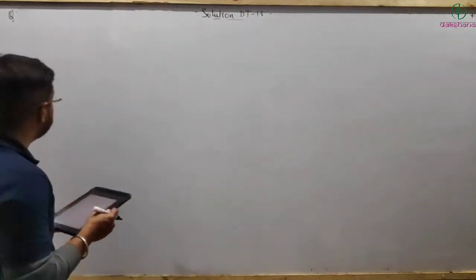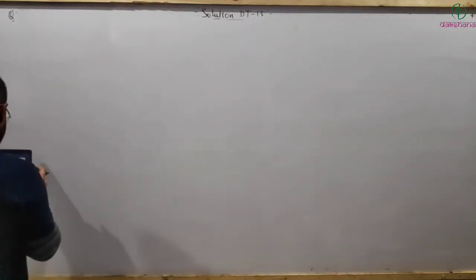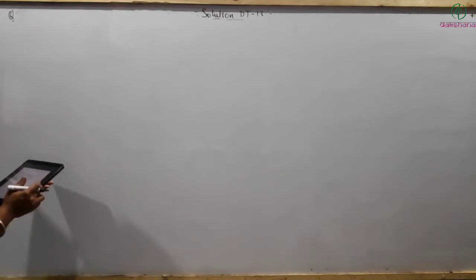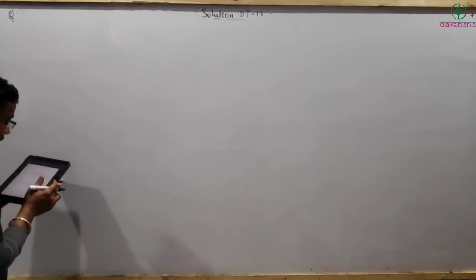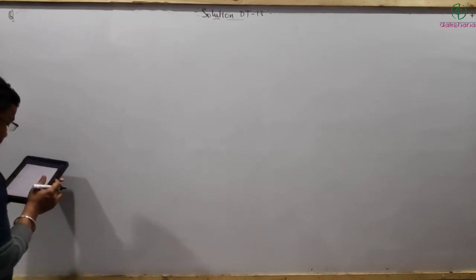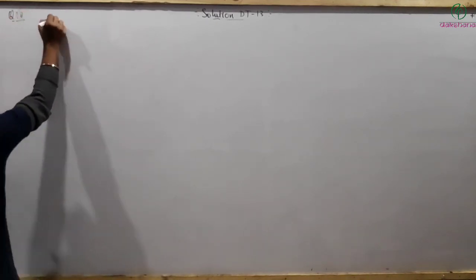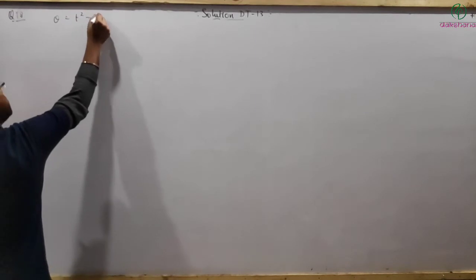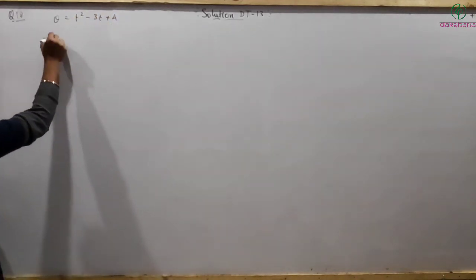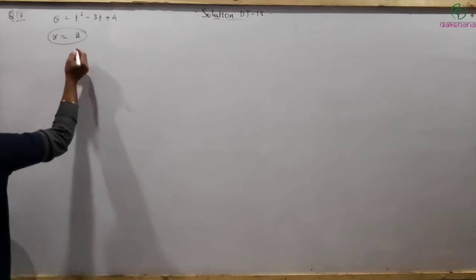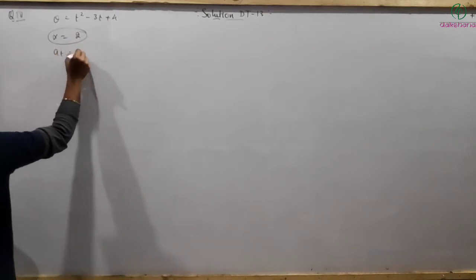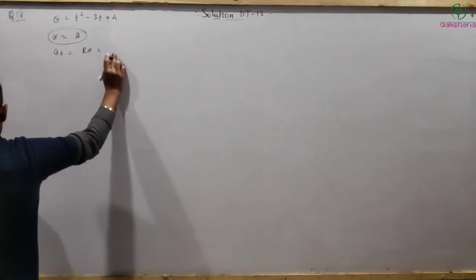The angular position of the particle revolving about an axis is given by theta is equal to t square minus 3t plus 4 radian. Find the acceleration of the point at the time t equal to 2 seconds, given the radius of the path is 1 meter. So question number 18, theta is equal to t square minus 3t plus 4. From here alpha comes out to be 2, and tangential acceleration is given by r alpha, radius is given as 1.